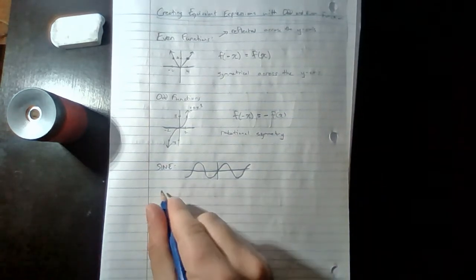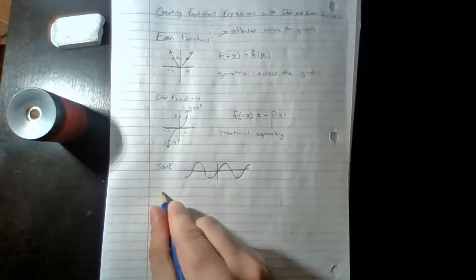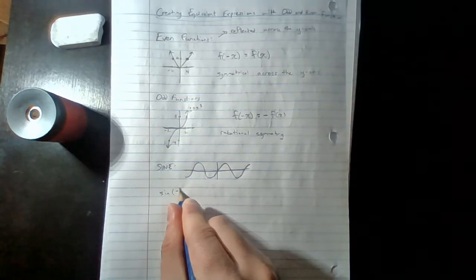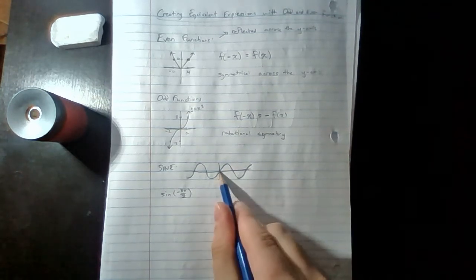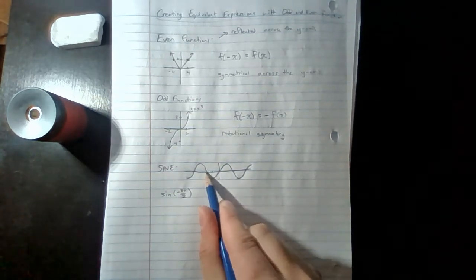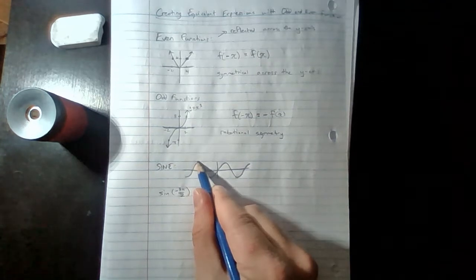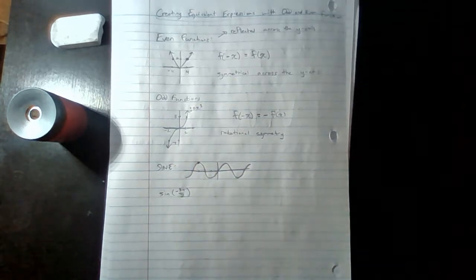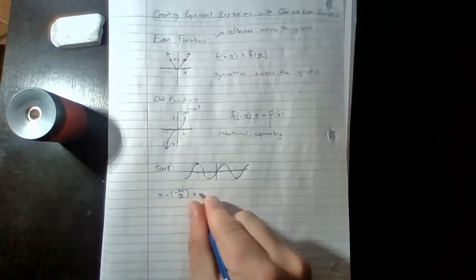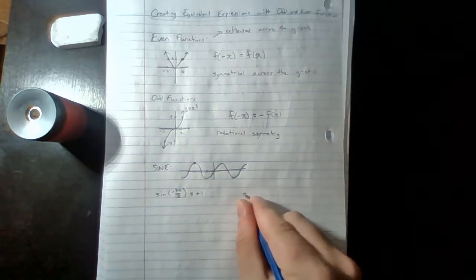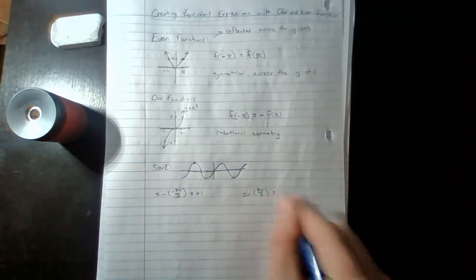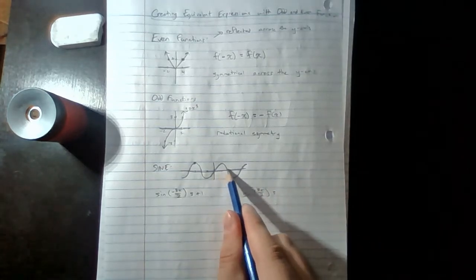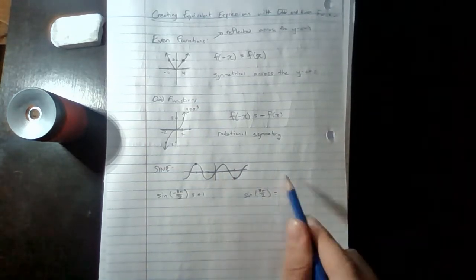The example they give in your lesson, sine of -3 pi over 2. So if we go pi over 2, pi, 3 pi over 2, that gives us +1. Sine of 3 pi over 2 is going to give us pi over 2, pi, 3 pi over 2, we get -1.